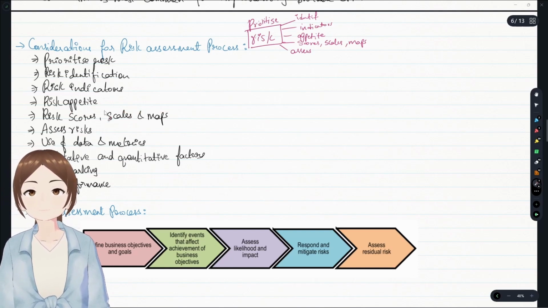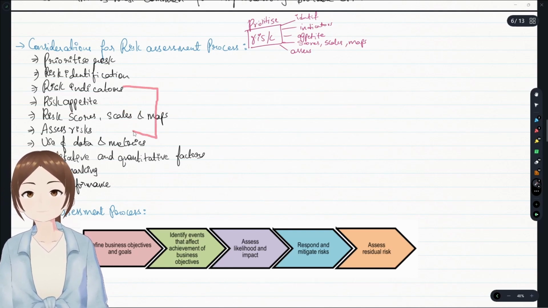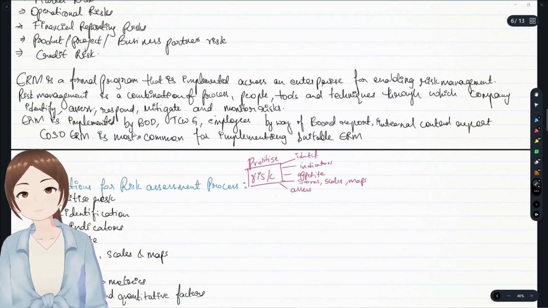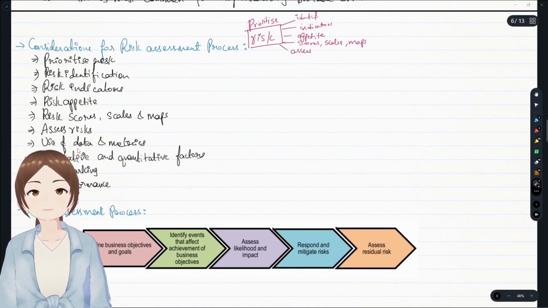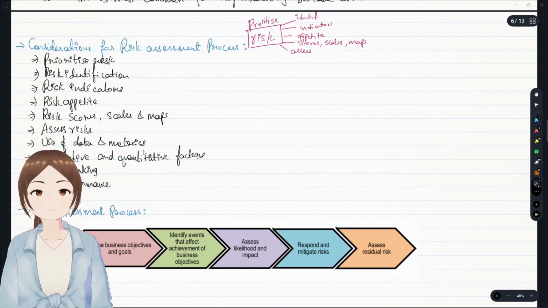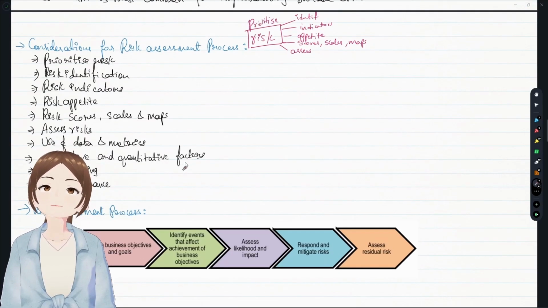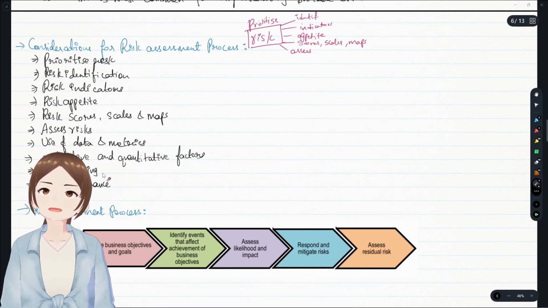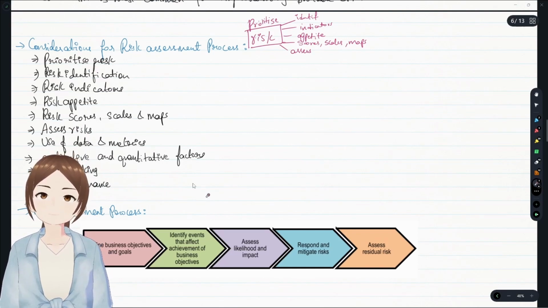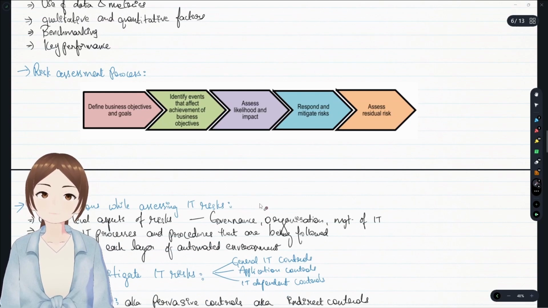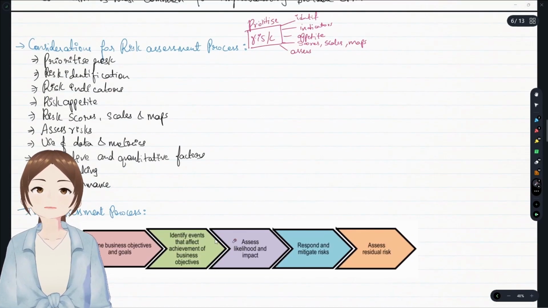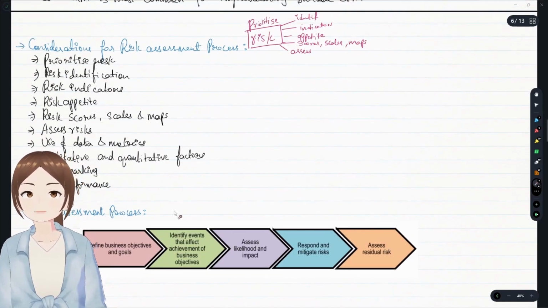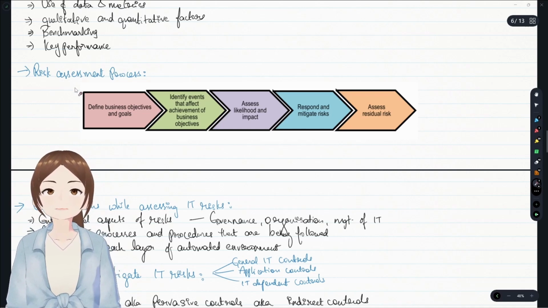With the use of that, it's the second step. And how do you respond? You respond with the use of data and metrics, and qualitative and quantitative factors, and then mitigate by benchmarking and key performance indicators, and then monitor the risk. This is how you maintain or see the risk assessment process.